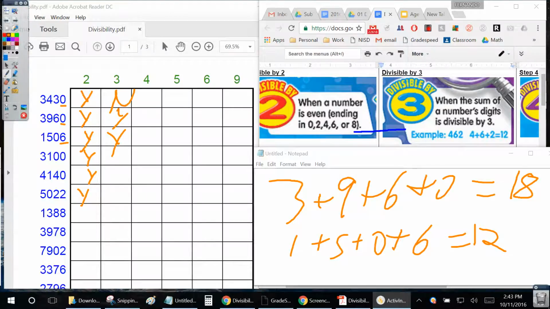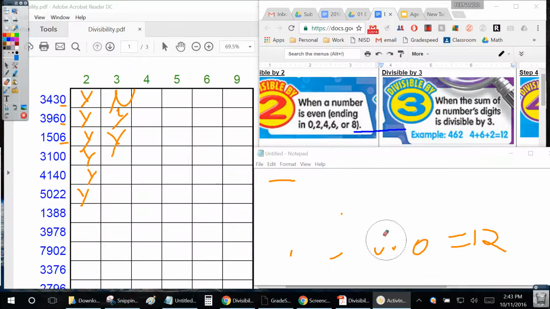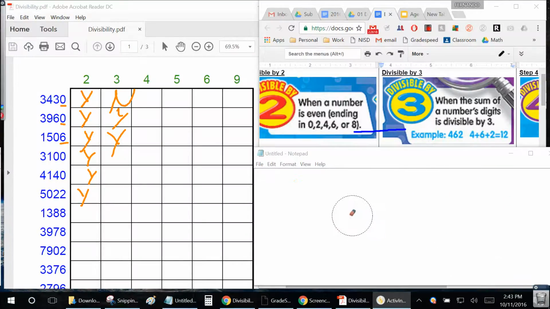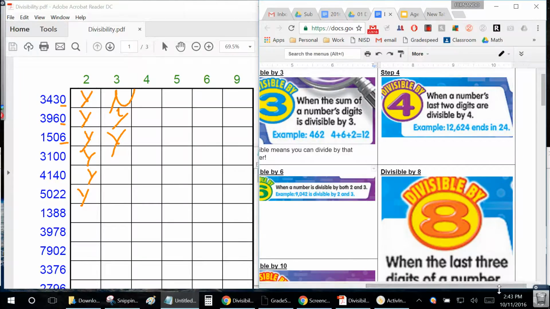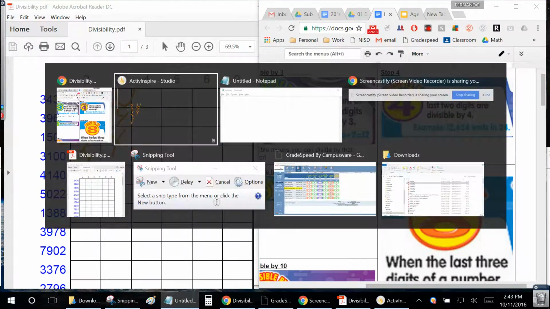Let's look at the rule of 4. We're done with this, so we can clear it out. Going back to the rules on your paper, the last 2 digits of the number must be divisible by 4.